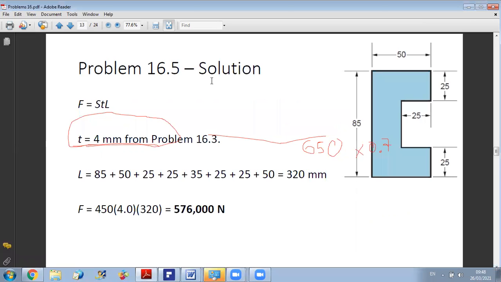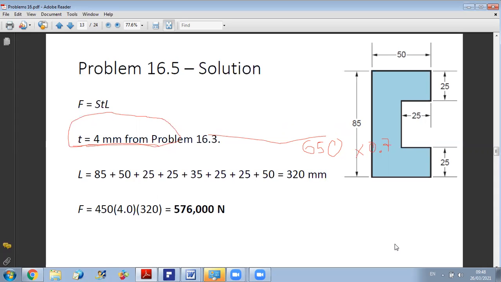So, as we said, the force which will determine the capacity of my press is equal to the shear strength times the thickness times the length of the cut. The length of the cut is given by adding all sides, calculating the perimeter of my blank part. And then once I have all the information, I can calculate the press capacity for this blanking operation.